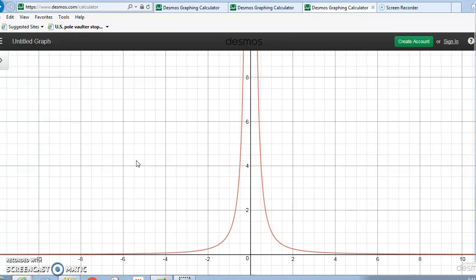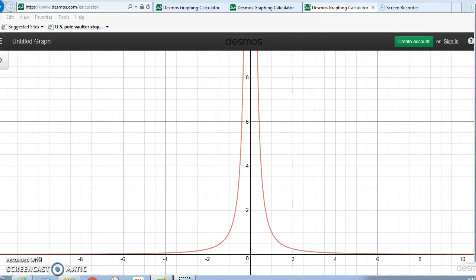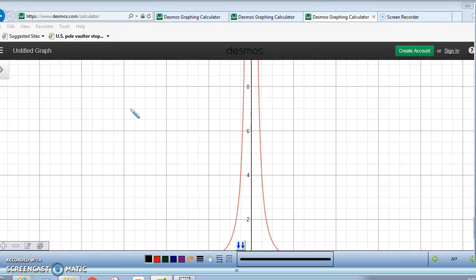Okay, so the limit as x approaches 0 from the negative side of 1 over x squared, well, we can see that it's growing, and it keeps on growing.